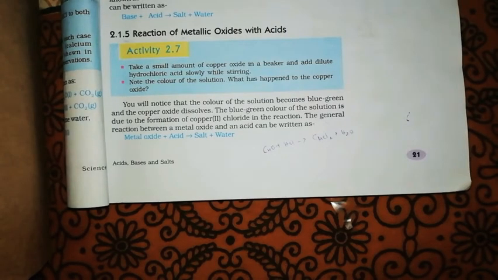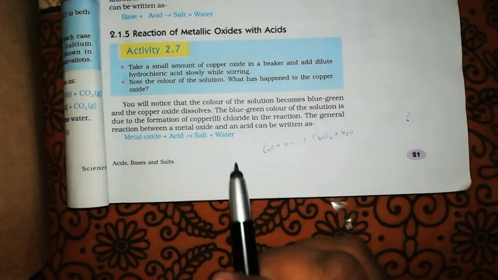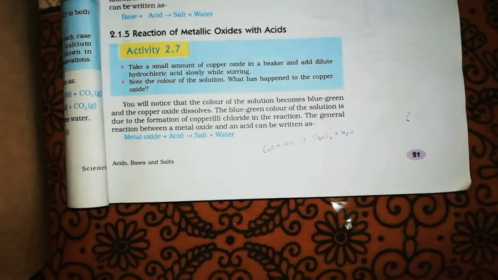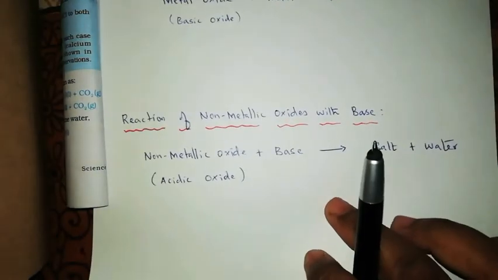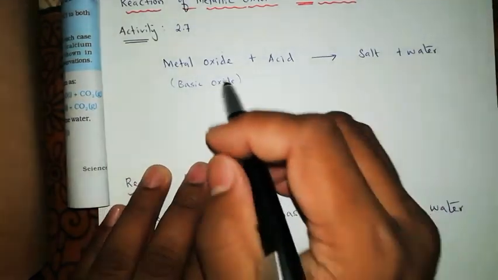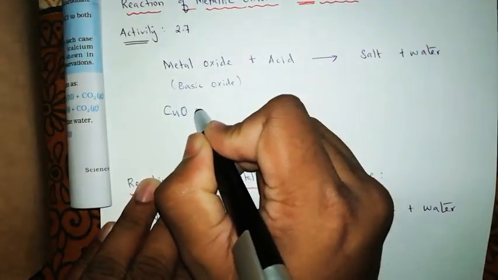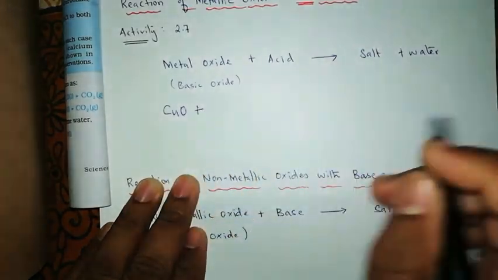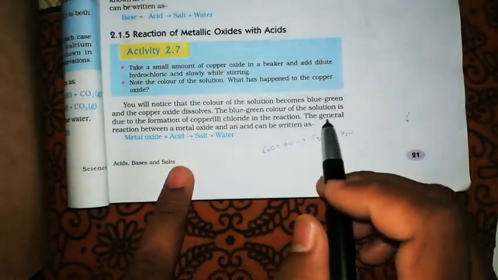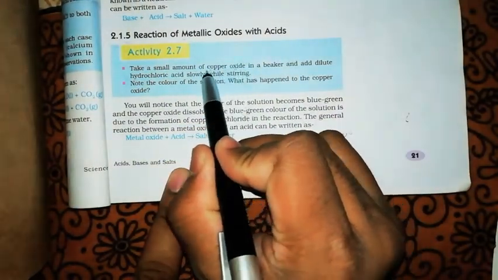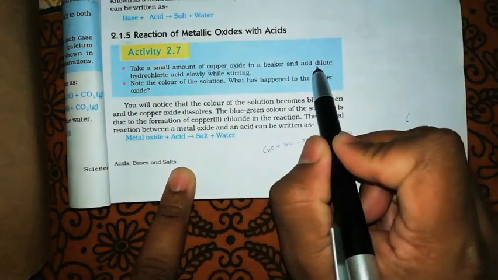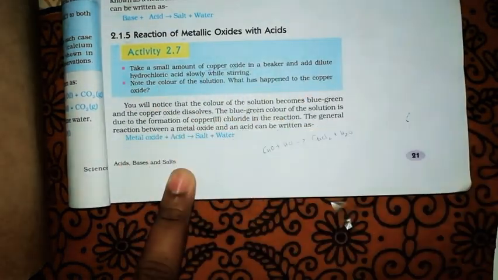And the activity also says you should take a metallic oxide, and here also we are going to take the same. In the activity, it says copper oxide needs to be taken, right? Here you can see copper oxide should be taken in a beaker and dilute hydrochloric acid added slowly.